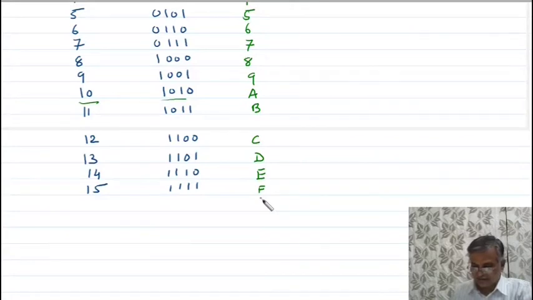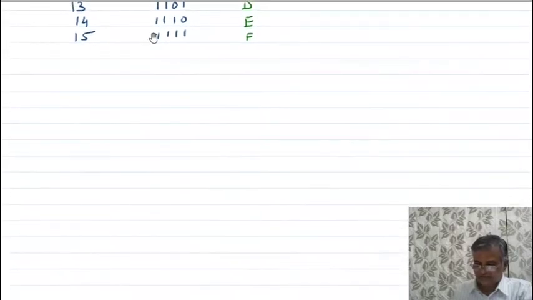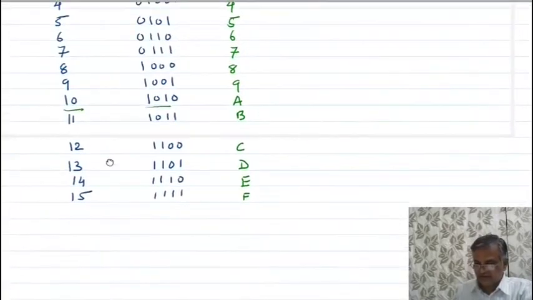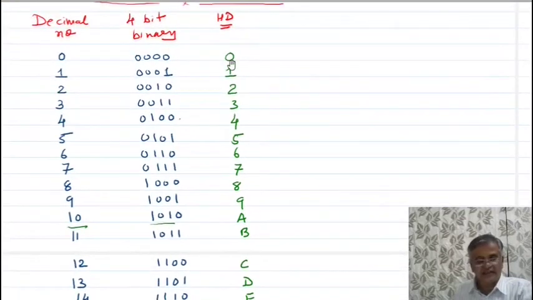Now I am discussing the hexadecimal number system. The hexadecimal number system is a positional digit number system, which means each digit has some weight according to its position.